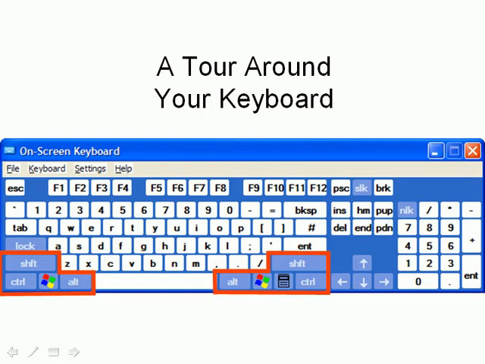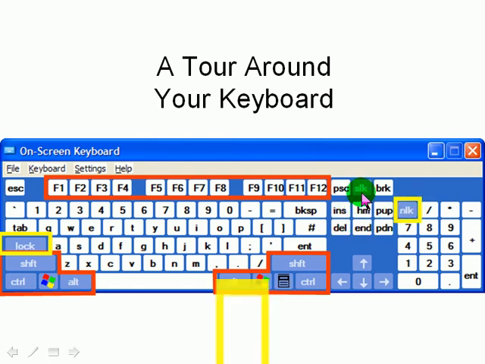Other important keys on the keyboard are the function keys, and of course you've got the two main lock keys, the caps lock here, the number lock, and there's a lesser known scroll lock. These three here are shown better possibly using the on-screen keyboard.